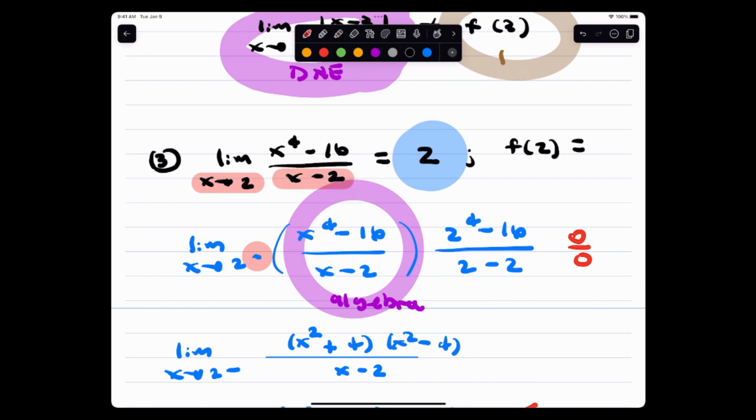X can't be what? 2. Why can't x be 2 here? Yeah, so there's a hole at 2. Just because a function has a limit doesn't mean it's defined. Because the limit is around 2, but at 2 it can never be 2. There's a hole here. So this is where we call that removable discontinuity, because even in Desmos doesn't put holes.